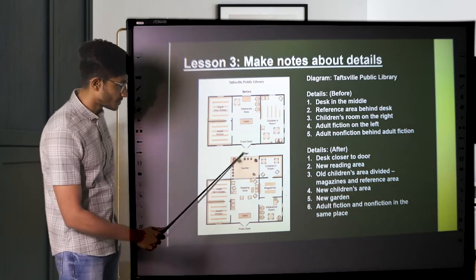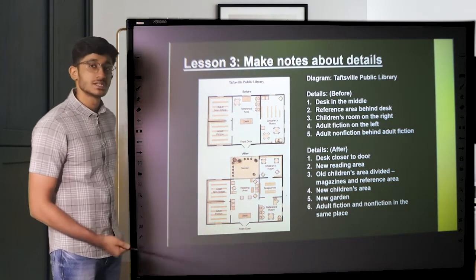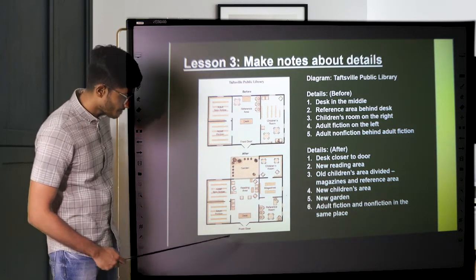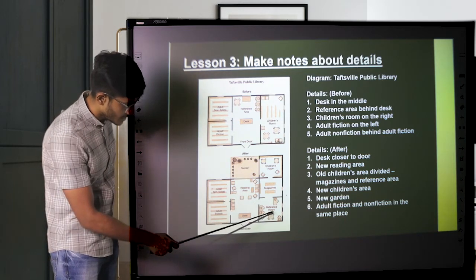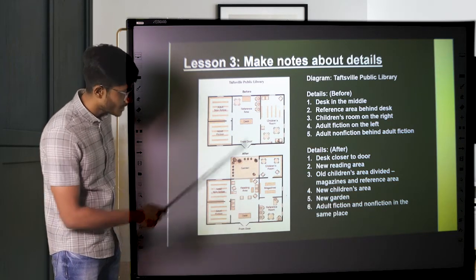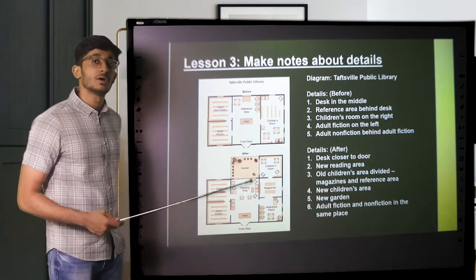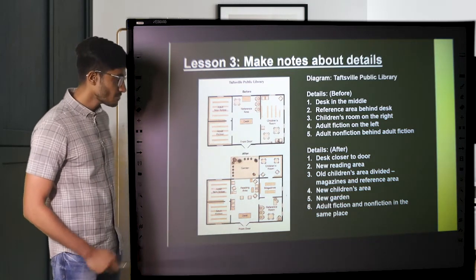So as you enter from the front door, you see the desk, and so the reference area is basically behind the desk. But here, let's look for the reference area, and the reference area is here. It's not behind the desk anymore. And the desk is already not in the middle, so you can also talk about the reference area. So you write the reference area is behind the table.